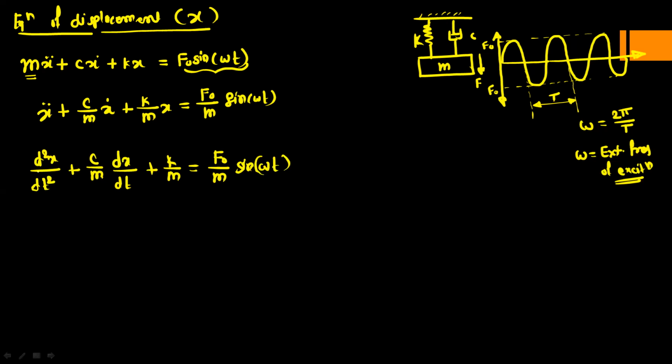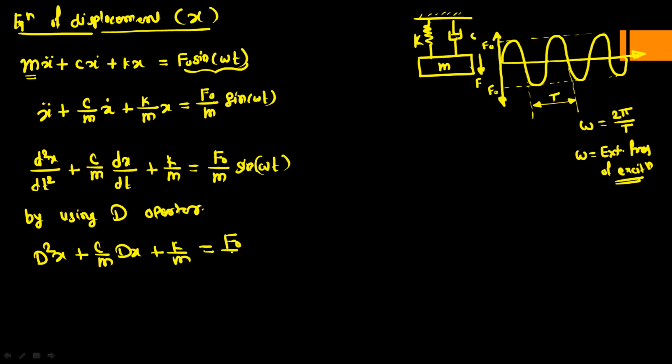Now just replace d by dt by the D operator. So by using the D operator, our equation is D square x plus c upon m Dx plus k upon m x, this is equal to f0 upon m into sine omega t.